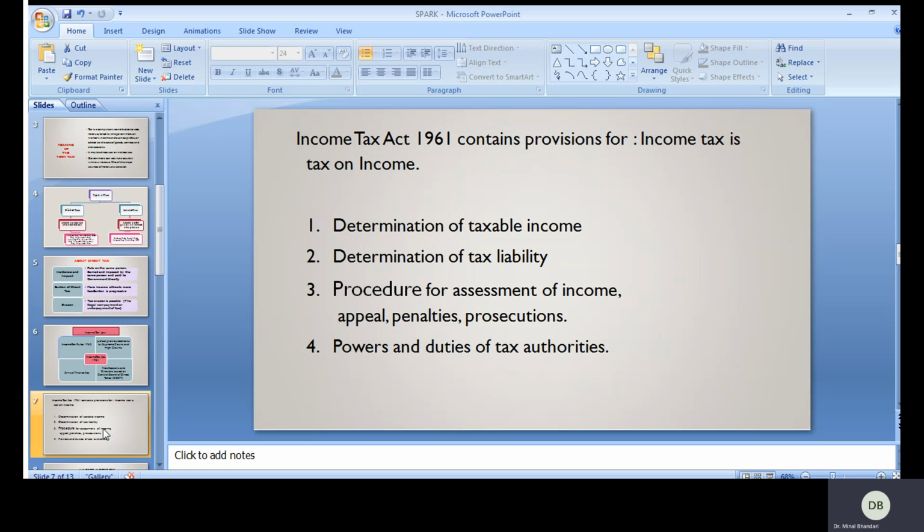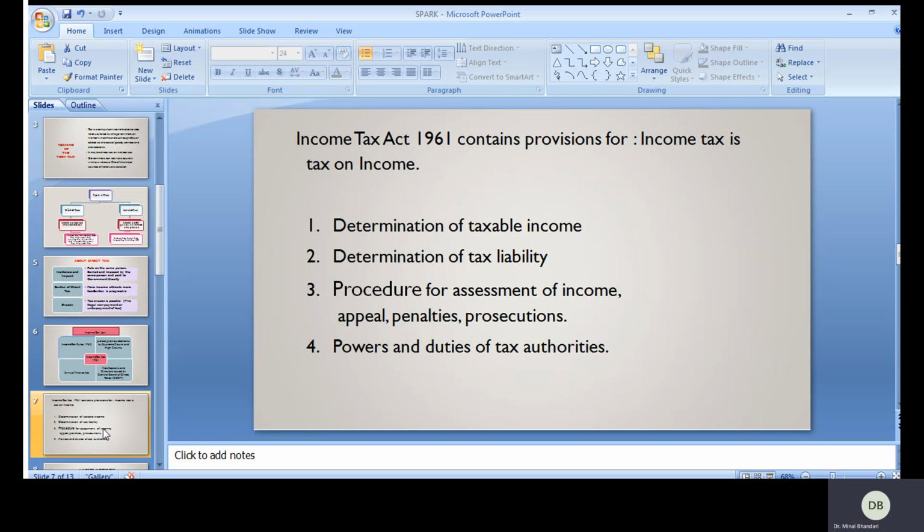Now, the main focus of income tax we can discuss with the Income Tax Act 1961. It contains different provisions for tax on income. First one is the determination. This Act provides standard guidelines for calculation of income tax, because this uniformity plays a very important role in charging tax on the income of every individual.